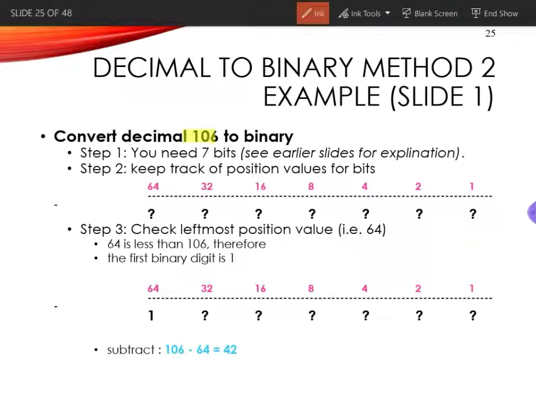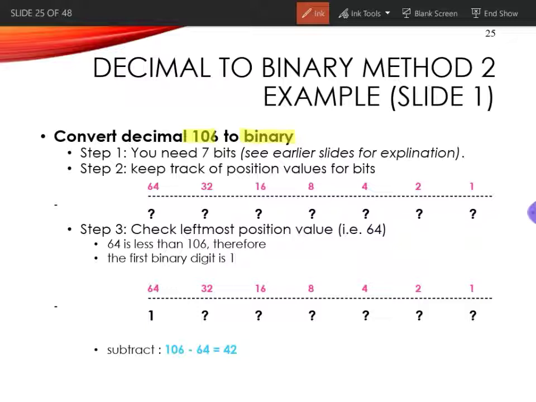Let's say we have 106 as a base 10 number and we are trying to convert it to binary. If we have 6 binary bits, the maximum decimal value that we can represent is not enough because that is less than 106.